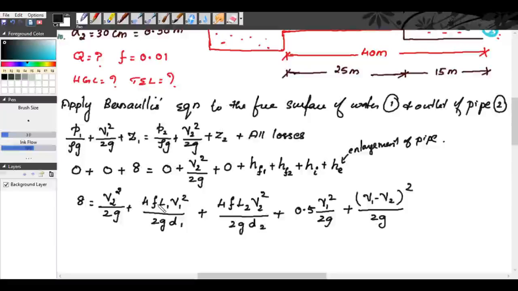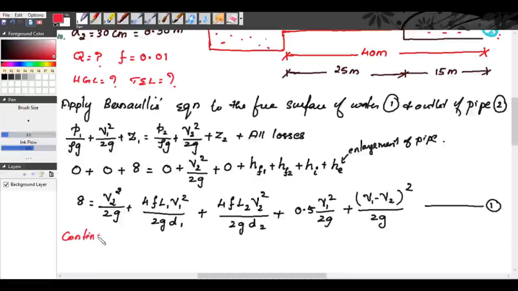It is our choice. For obtaining V1 in terms of V2 or V2 in terms of V1, we have to apply the continuity equation. So we will give this equation as 1. Now we will apply the continuity equation.